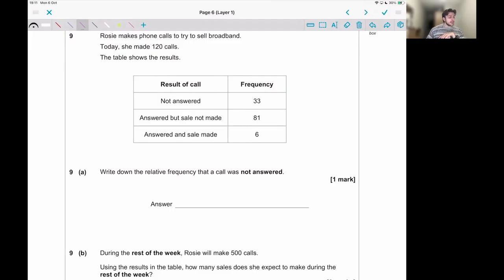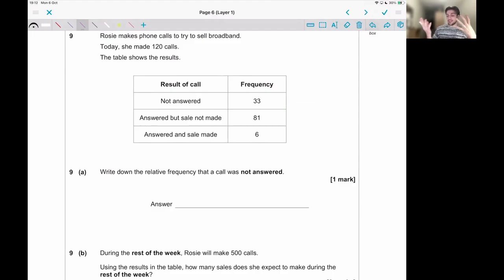We're being told to work out the relative frequency that a call was not answered. So what is relative frequency? Relative frequency is the frequency relative to the total. So the frequency of not answered here is 33, and the total calls is 120.